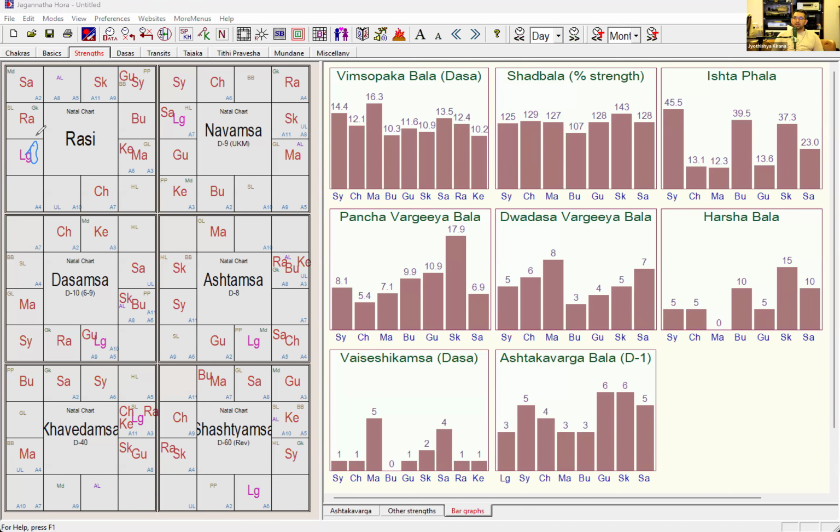This is Lagna, correct? From here, second house is Rahu, third house is Shani. Yes or no? Then this person has Guru and Surya in 6th house. Now Guru is also the 12th lord. Correct? Yes or no? Guru is 12th lord as well.